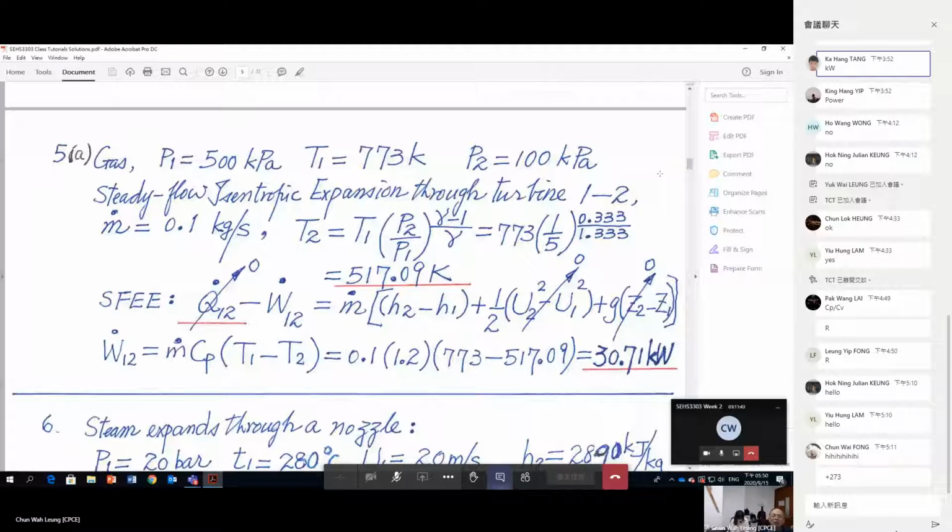But it can also be used for a flow process, except the work done and the heat transfer are not as predicted by the non-flow equation. But this temperature ratio and pressure ratio can still be applied.